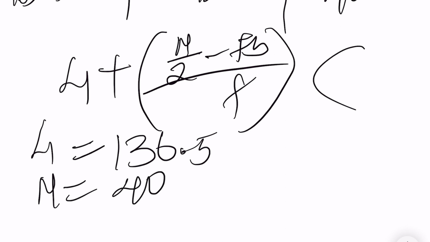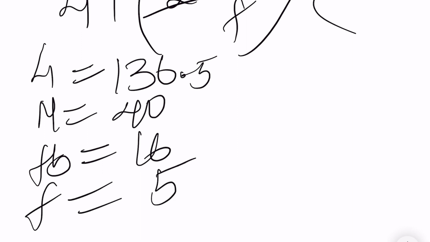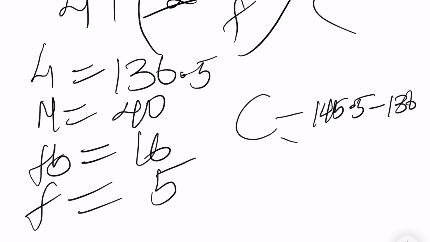Our FB is the cumulative frequency before the median class, so we have FB to be 16. Then our F is the frequency, which is 5. And we have C to be the upper class boundary minus the lower class boundary, 145.5 minus 136.5, so here we have it to be 9.